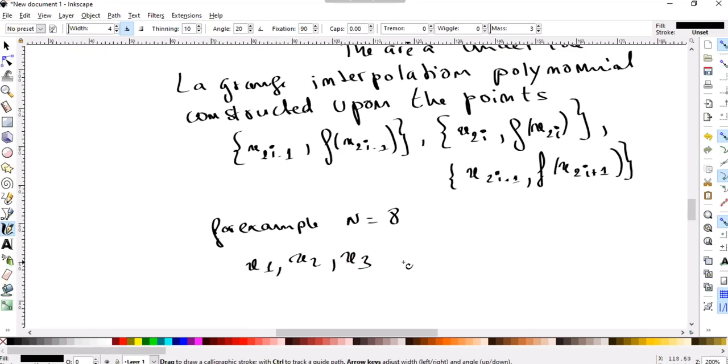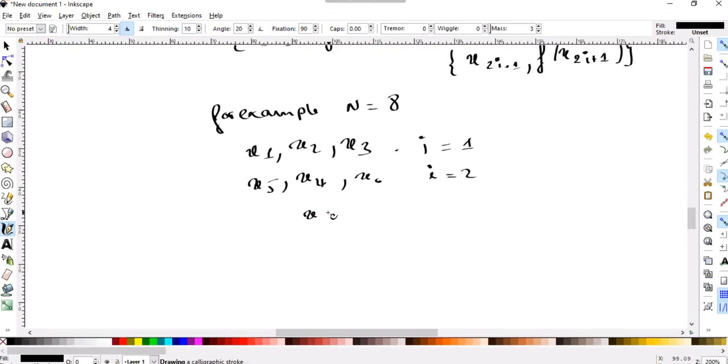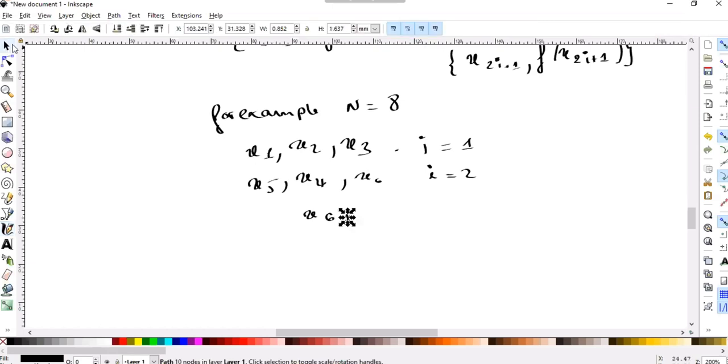So here you get the first Lagrange polynomial, then x3, x4, x5. Here in this case, i equals 1, so 2i minus 1, 2i plus 1. Sorry, here it's x3, not x5.